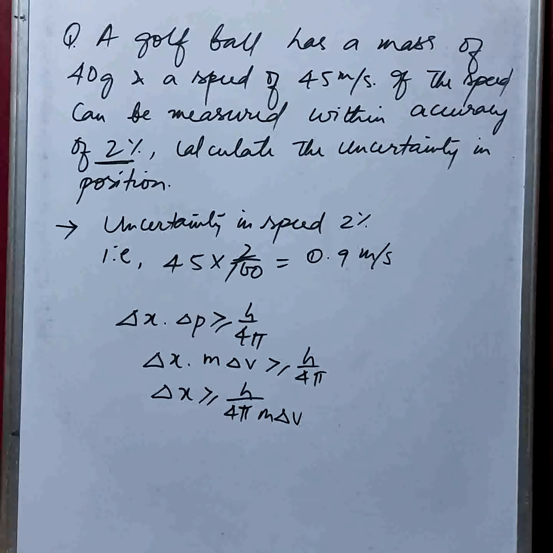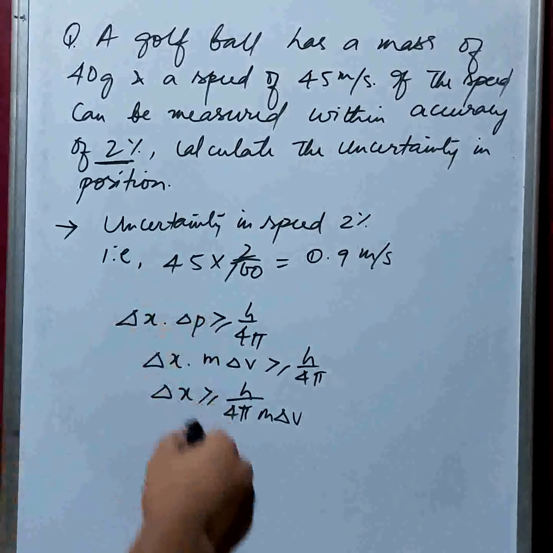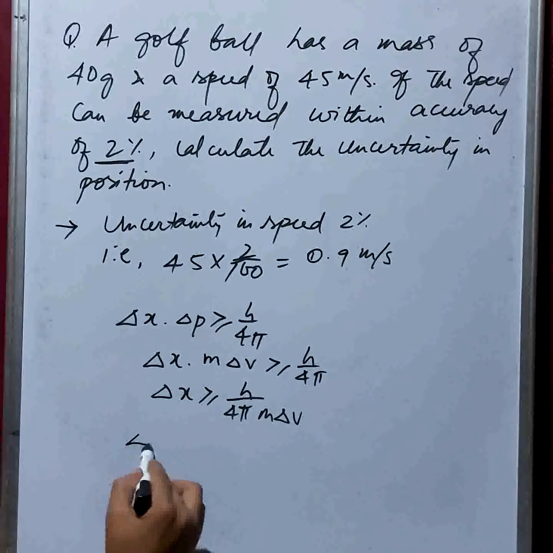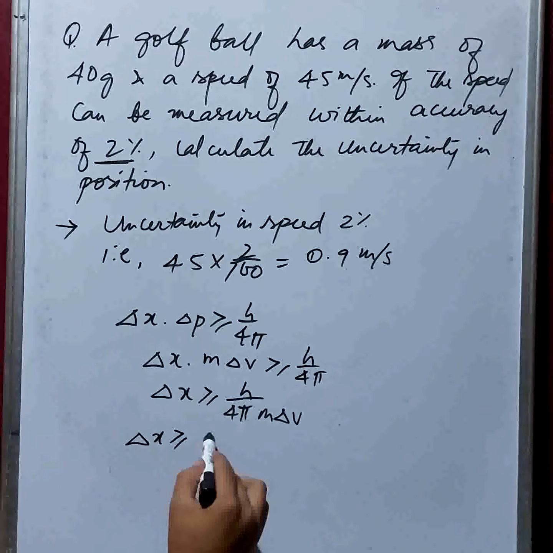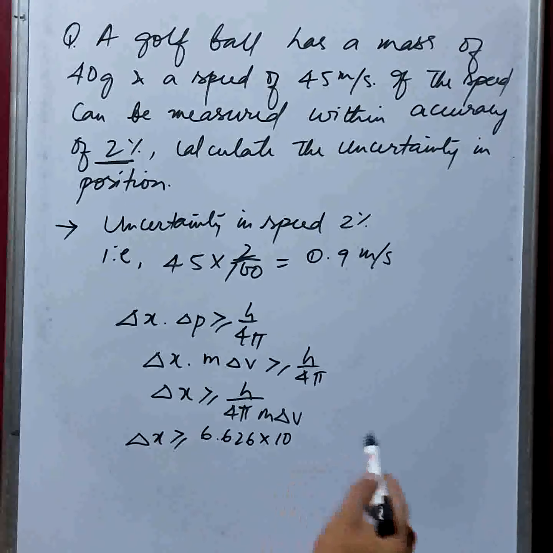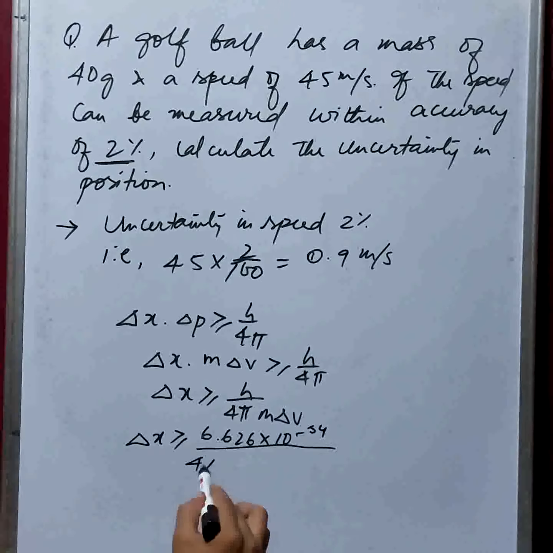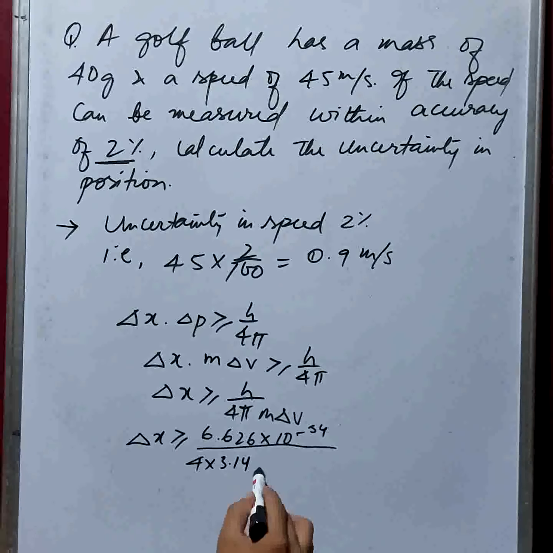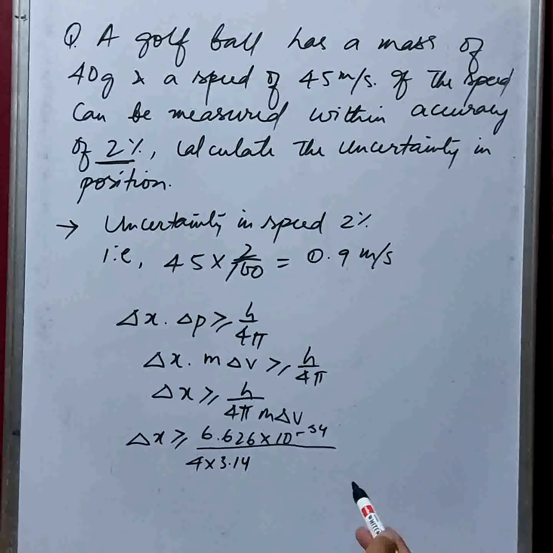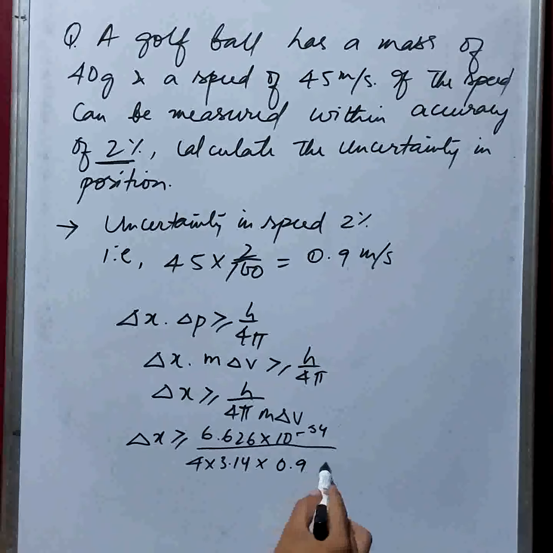Let's plug in the values. Our change in position will be greater than or equal to Planck's constant, 6.626 into 10 raised to the power negative 34, over 4 into 3.14, the value of pi, times the mass and the uncertainty in velocity, which is 0.9 meters per second.